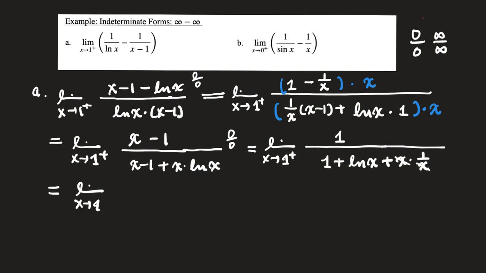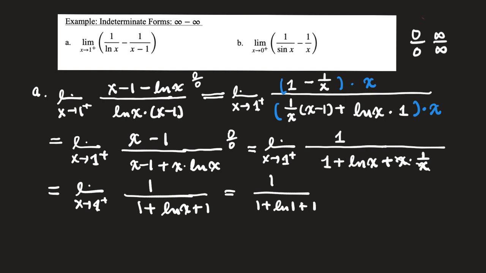Limit as x approaches 1 plus of 1 over (1 plus ln x plus 1). See that? Now x approaches 1. What happened here? 1 over (1 plus ln 1 plus 1). But as you know, ln 1 is 0. So our final answer is going to be 1 over (1 plus 1), that's 1 over 2. That's how you find this limit. Guys, make sense?